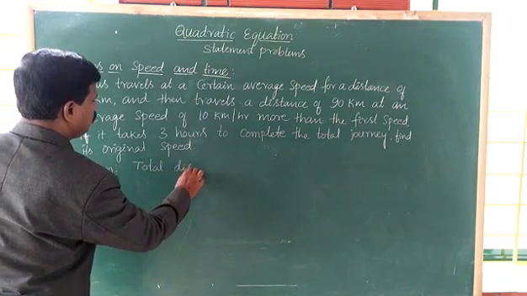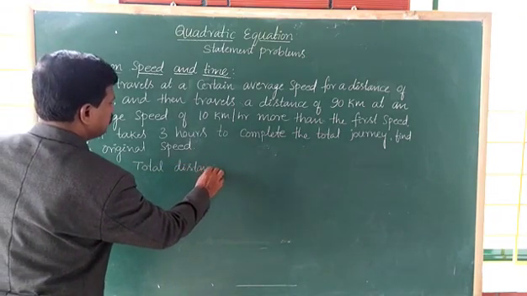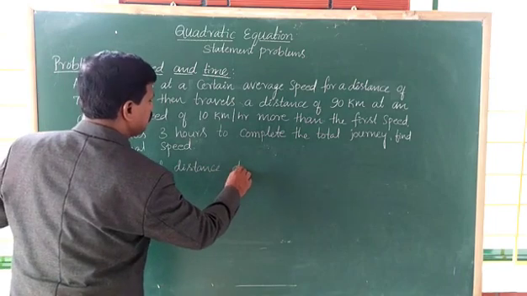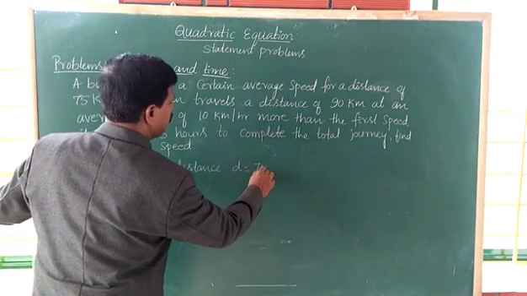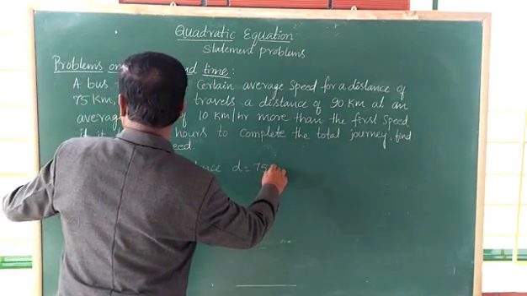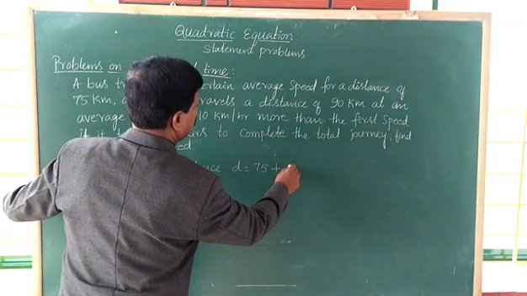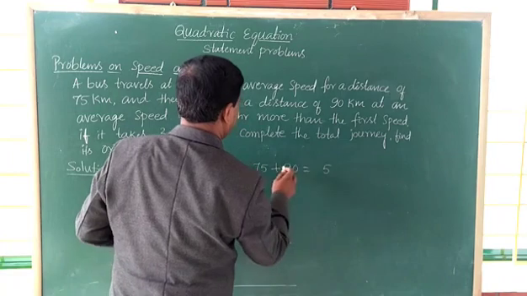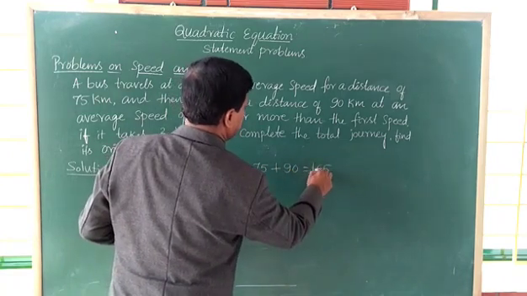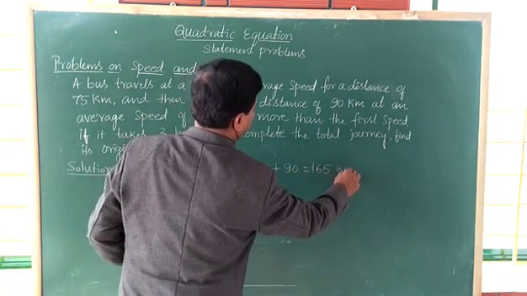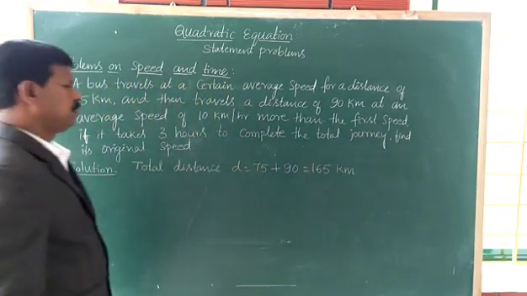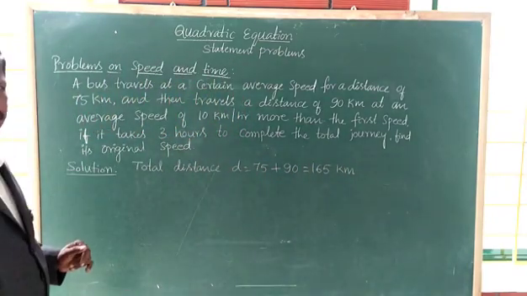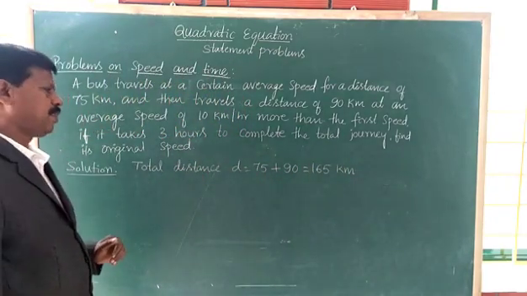Total distance D equals 75 plus 90. So this is how much? 5, 9 plus 7, 16, 165 kilometers. So this is the total distance traveled by the bus.